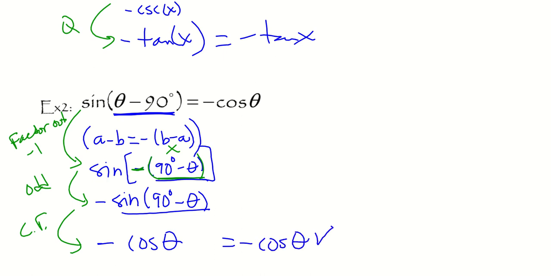When we had theta minus 90 instead of 90 minus theta, we factored a negative out of the theta minus 90, which gave me the 90 minus theta, which is the order I wanted for cofunction. But I had this negative inside the sine, so I used my odd identity and applied that the sine of the negative of something is the opposite of the sine of its positive, and then I proceeded from there.